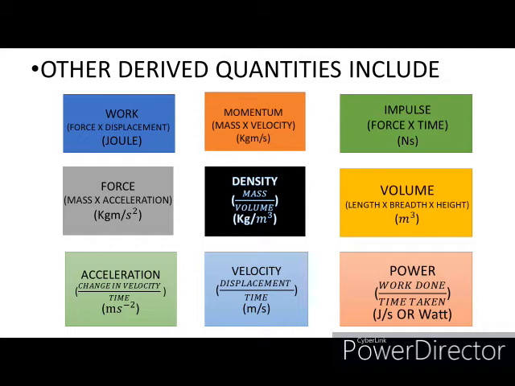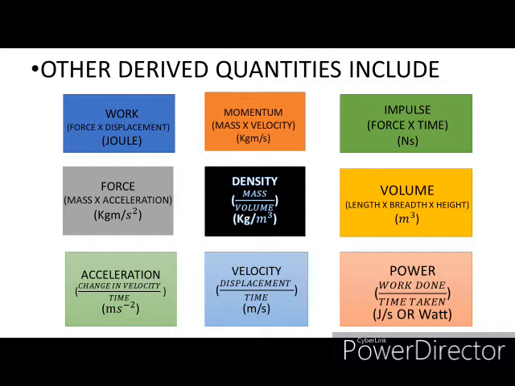For example, work is the product of force and displacement. Meaning that when you combine force and the distance moved in the direction of that force, we can get work. So we can break this down and derive the unit of work to be Newton meter. Another way of writing Newton meter is what we call the joule.